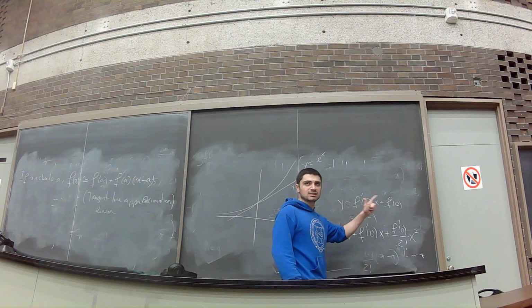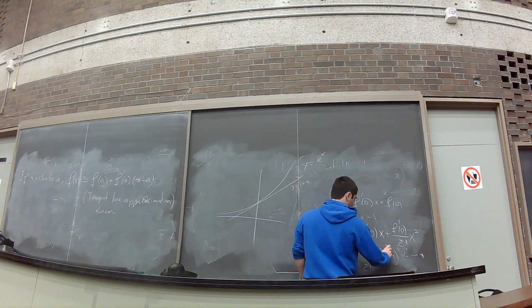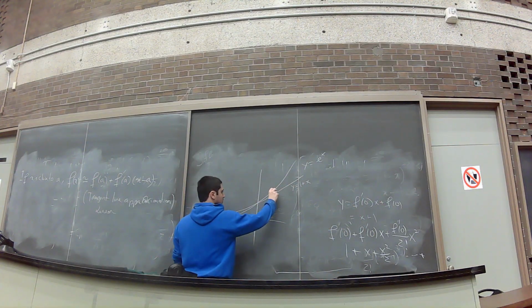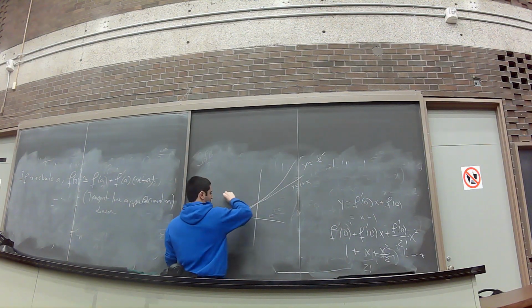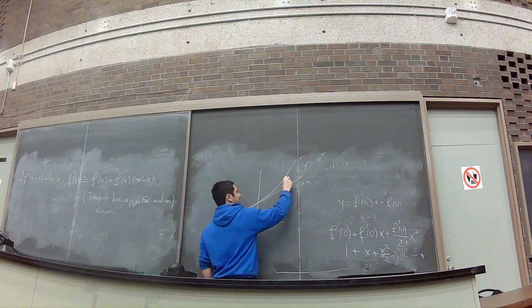Because if you differentiate e to the x, it never changes. This is 1 plus x plus x squared over 2. I have to be careful how I'm showing this. I think it should be something like this.